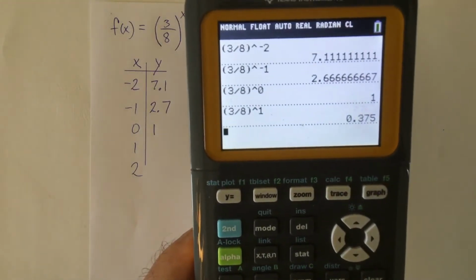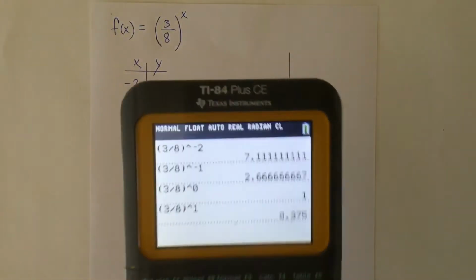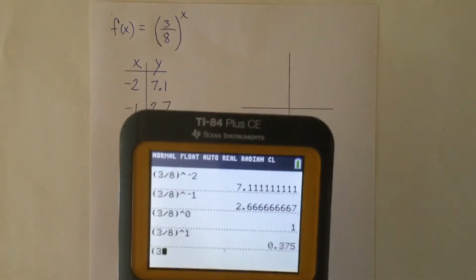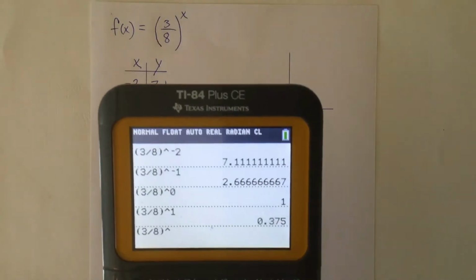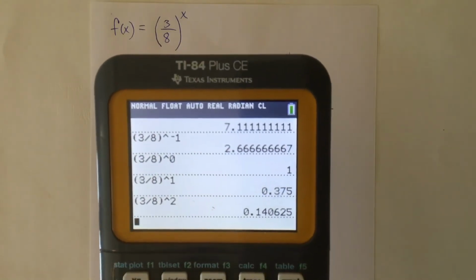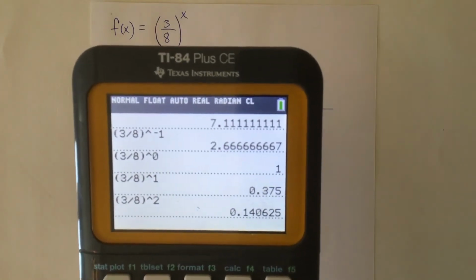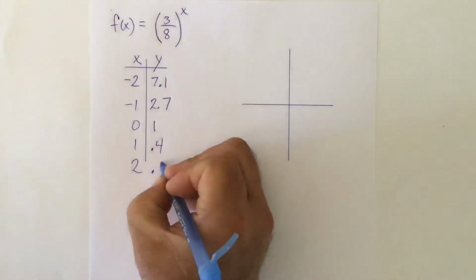That would be 0.4 if I rounded that thing off. We're just going to round off all decimals. And then 3/8 to the power of +2. I get 0.1406. No, sorry, if we rounded that off, it would be 0.1. So I got 0.1 when I did that.